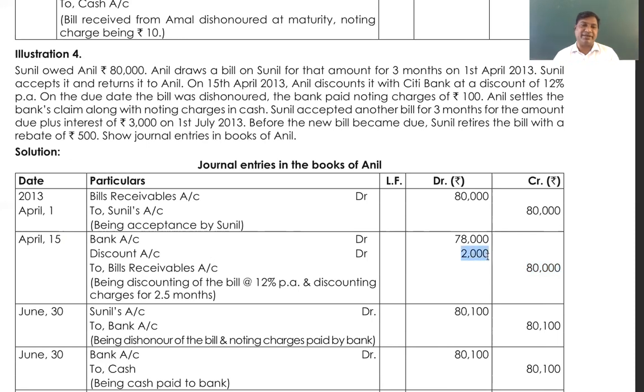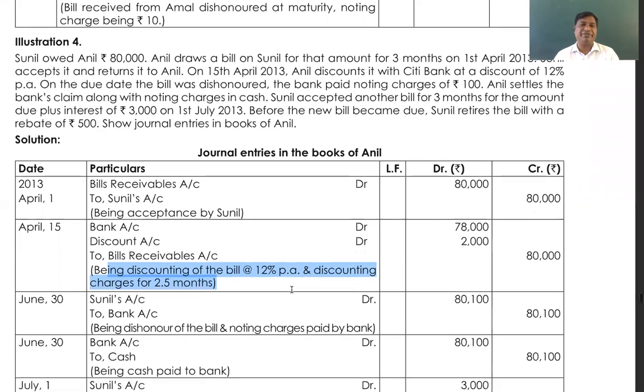That is the discount. Then the remaining amount is 78,000, given to Anil. Being bill discounted at 12% for 2.5 months.